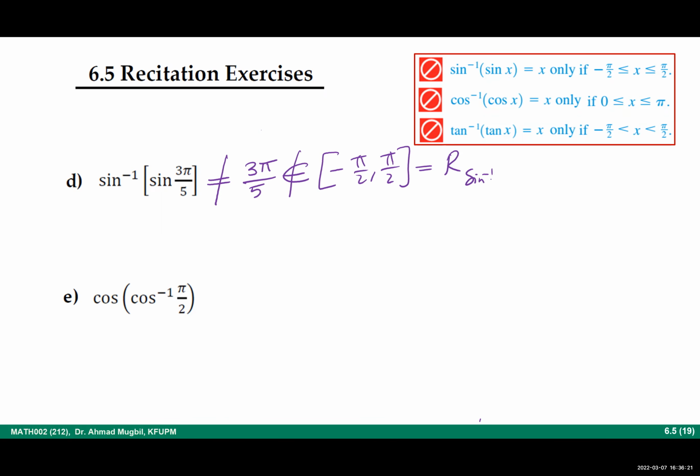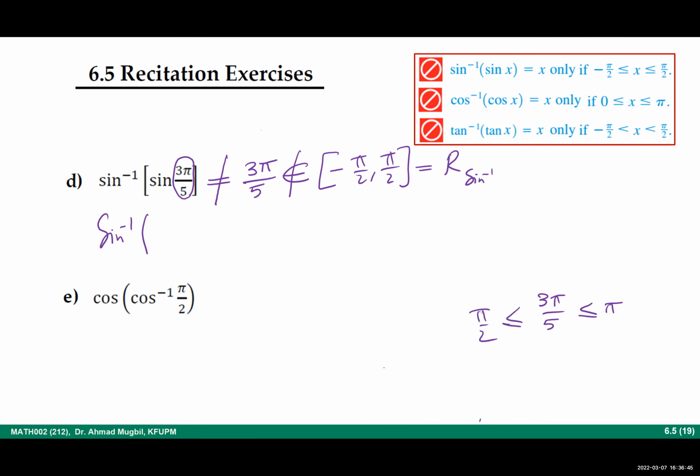So what is it? You know 3 pi over 5 is greater than pi over 2. So how to do that? What we will do, we will try to simplify or evaluate what is inside if we can. Of course, this is not a well-known angle. We cannot evaluate it. We need to determine the quadrant. 3 pi over 5 is for sure less than pi and greater than pi over 2.